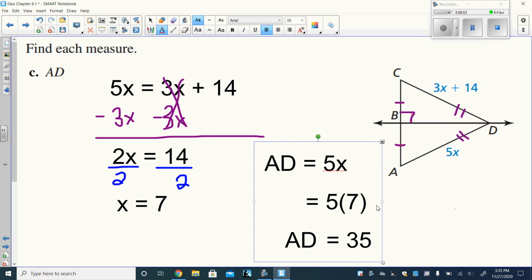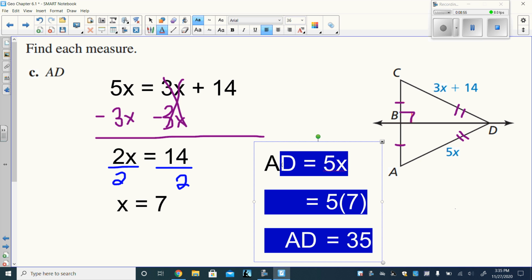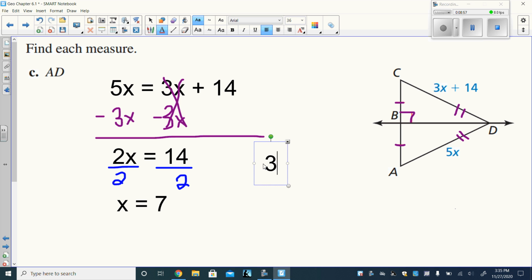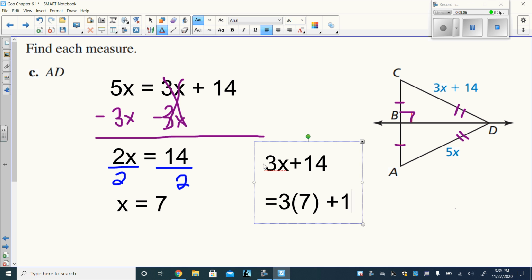Now, if you're wondering, we could have done this using the other length. We could have done it with 3x plus 14, and I could have plugged in 7 into this one also. Because if we do this, 3 times 7 would give us 21, plus 14.